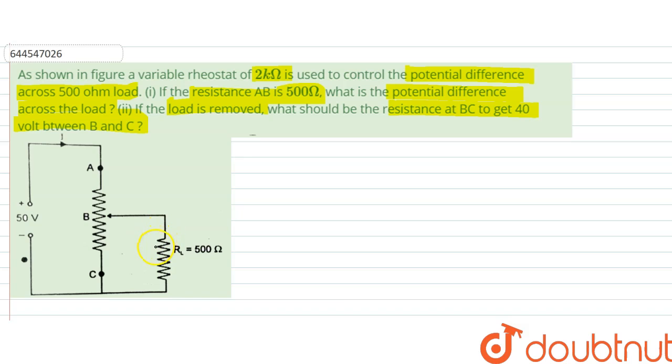So what we are given here is this is 500 ohms, right? Since this rheostat is of 2000 ohms, here it would be 1500 ohms.